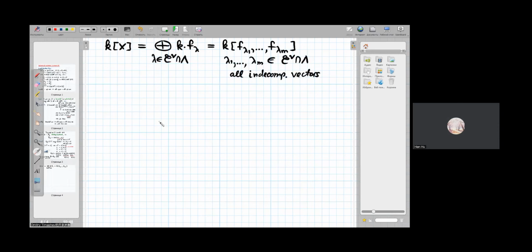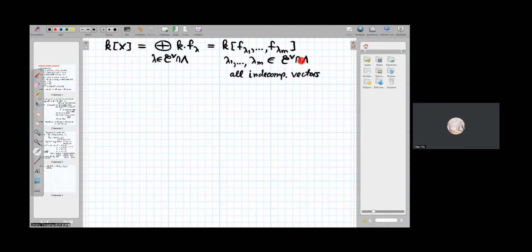Indecomposable means that they cannot be decomposed as a sum of two other vectors from here. They are, in a sense, minimal elements of the semigroup. And there are finitely many of them because we know that this semigroup is finitely generated. And of course, if there are indecomposable vectors, they cannot be expressed in terms of any other generators. So all indecomposable vectors have to be included in the set of generators.